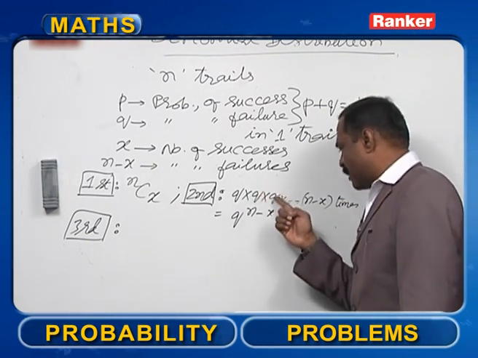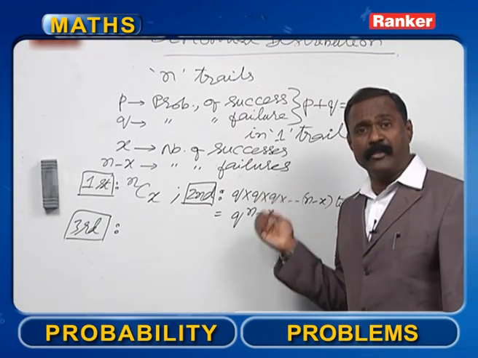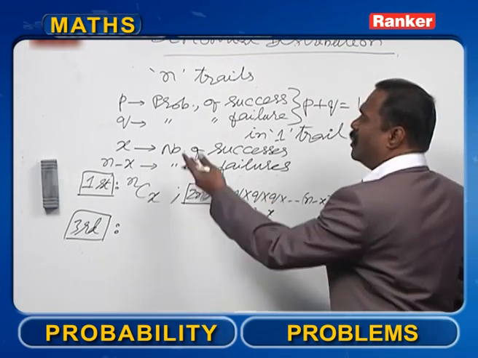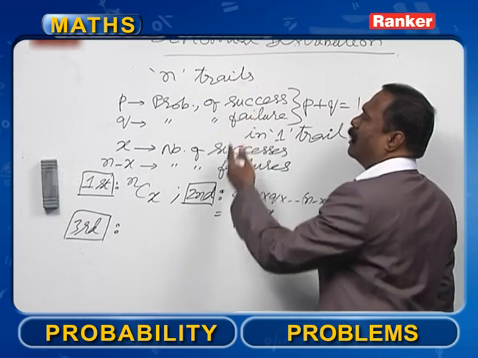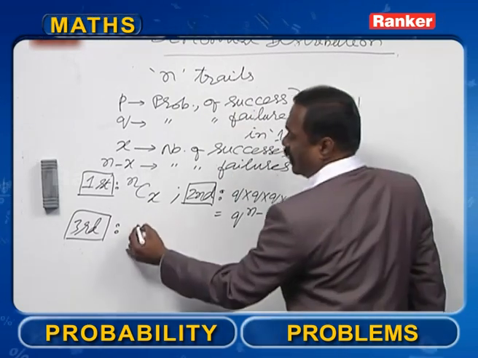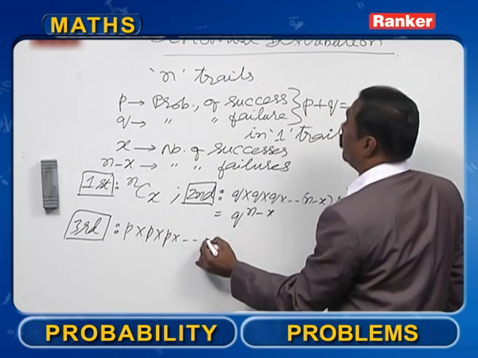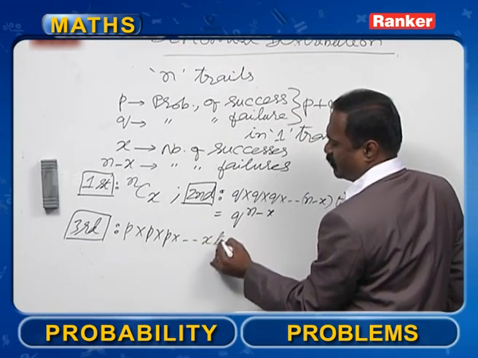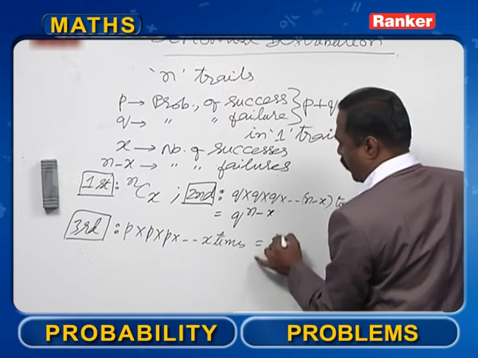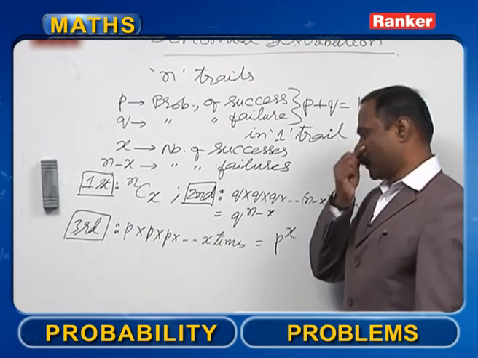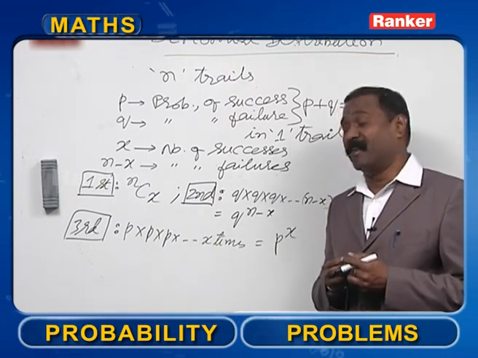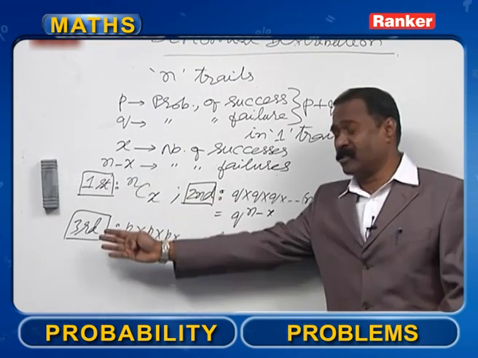This and this and this, and means into, you have to multiply. Similarly, for the successes, there is nothing but P into P into P and so on. How many times? X times, which is nothing but P power X. So how many operations do you have here? 3 operations. First operation, second operation, third operation.